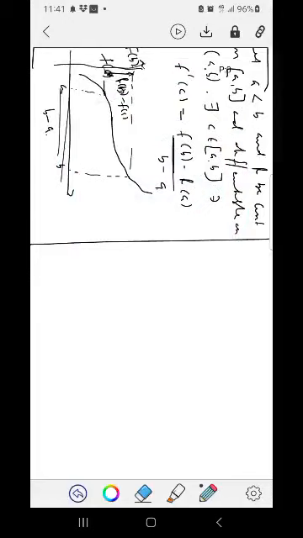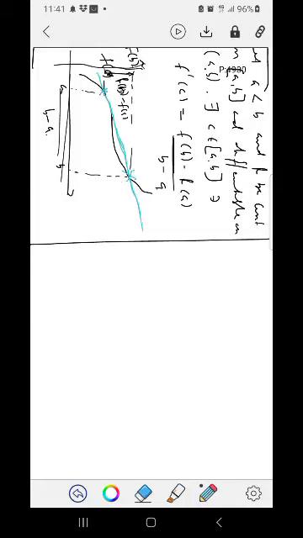So if we draw a straight line between them, my straight line would cut like that. Let's assume that's a straight line. It's not that straight, but okay, that's a straight line. Fantastic.